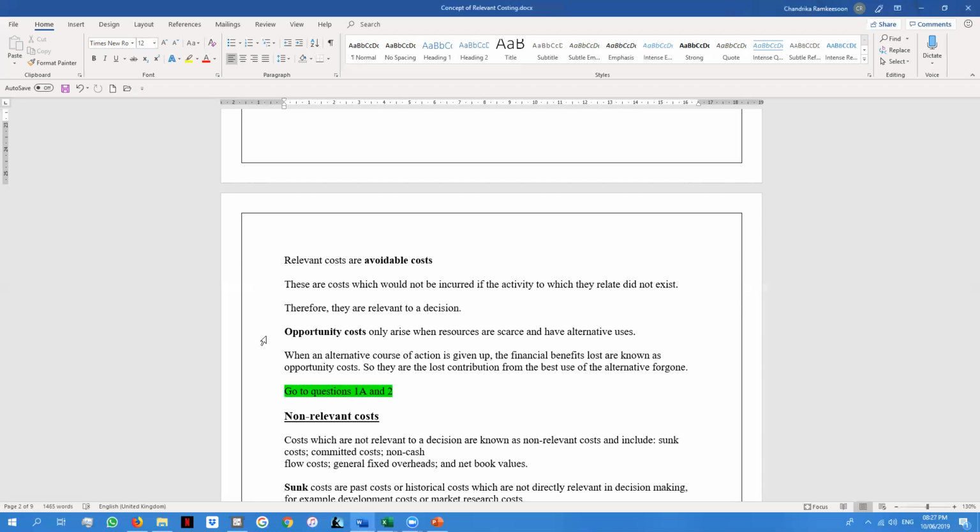And this is why, where an alternative course of action is given up, the financial benefits lost are known as opportunity costs. So they are the lost contribution from the best use of the alternative foregone. In the current example with you and your friend, the alternative course of action is that you're thinking about lending the money to your friend, so you're going to give up the $500 you are earning right now, and you will therefore expect to at least get that $500 back.